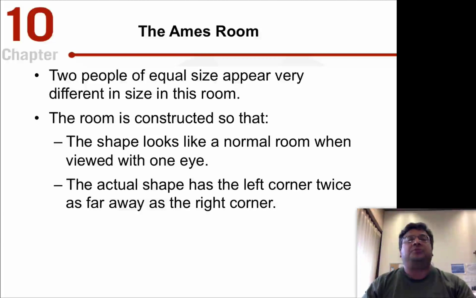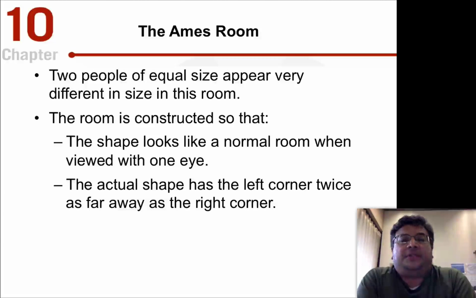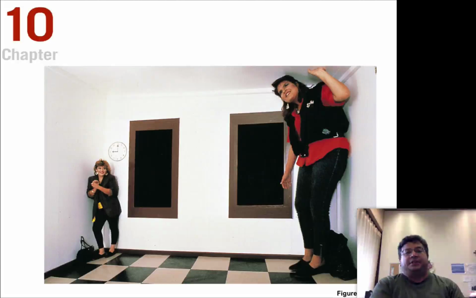The Ames Room is a very famous example of size constancy. Basically, what you have is this room that looks normal when you look at it straight on. But what happens is the room is constructed so that it's crooked.